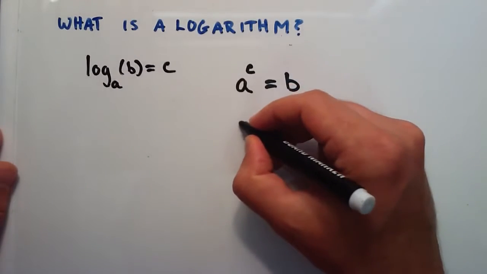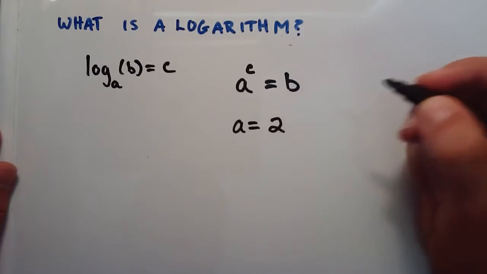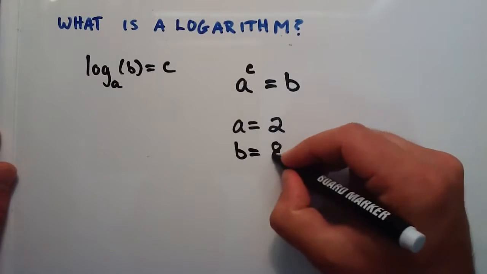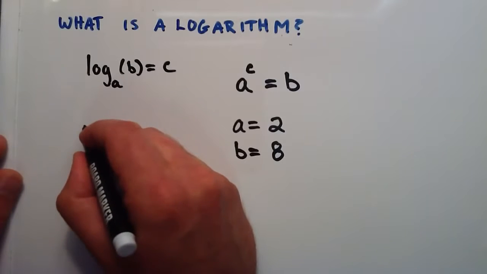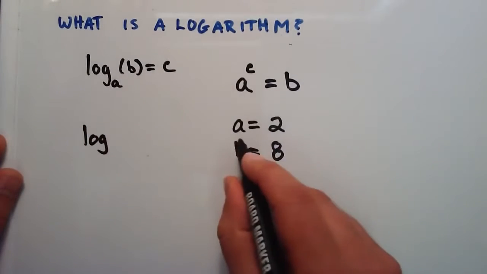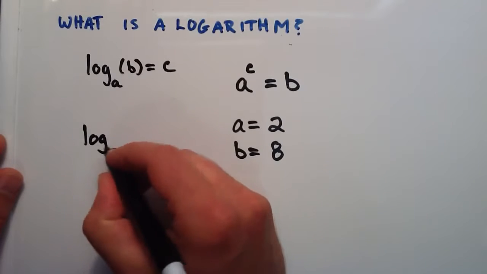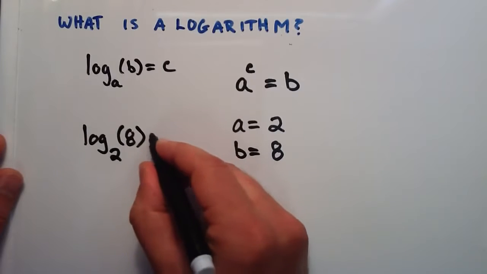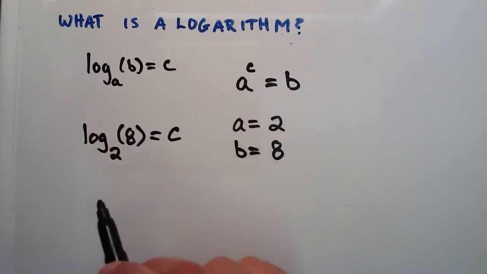So let's say that our A equals 2, and our B equals 8. Okay, so we're going to just rewrite this here. We have log base A, so our base is 2. So log base 2 of 8 is equal to C. So what is C?